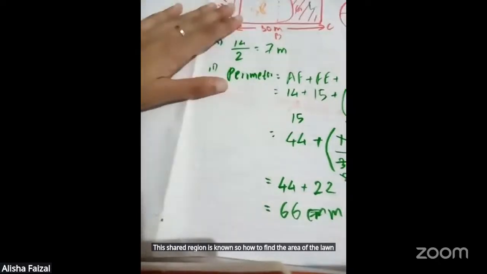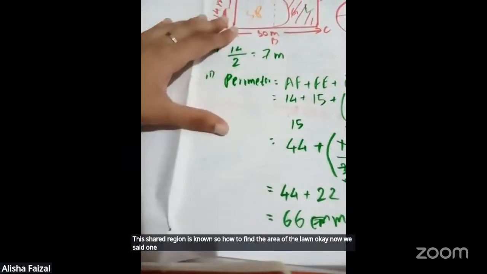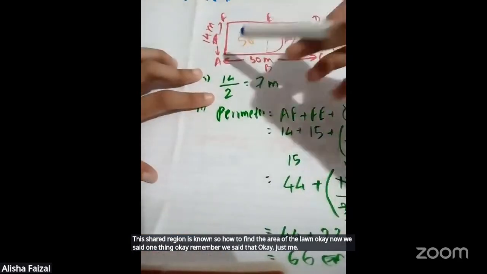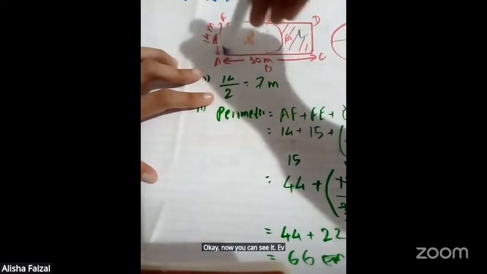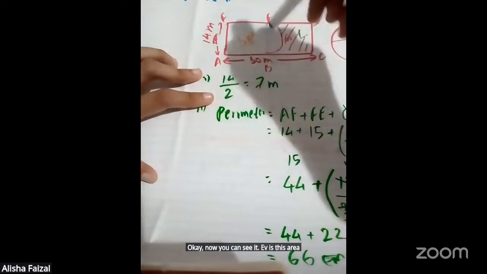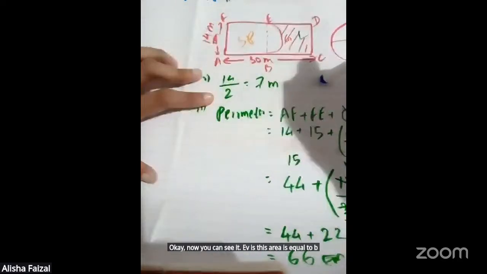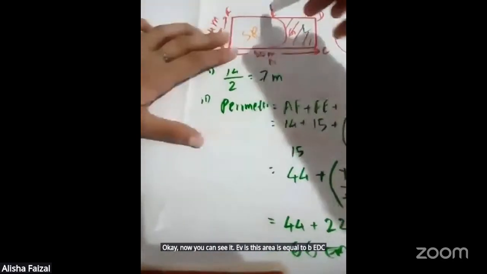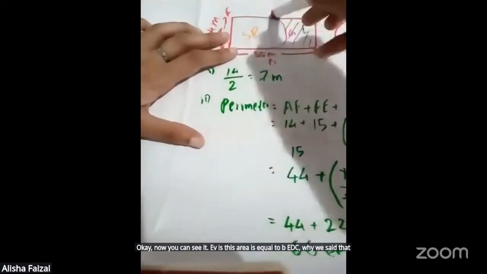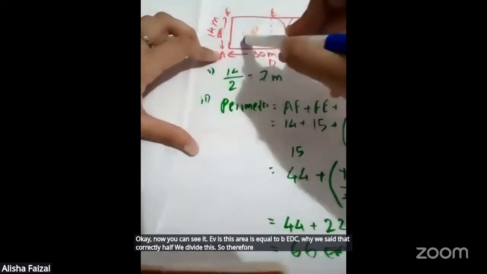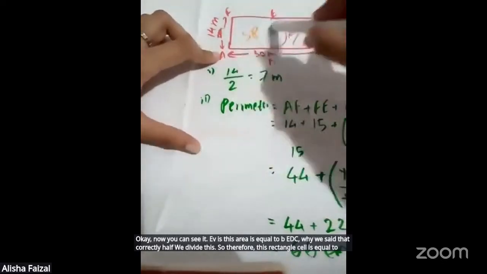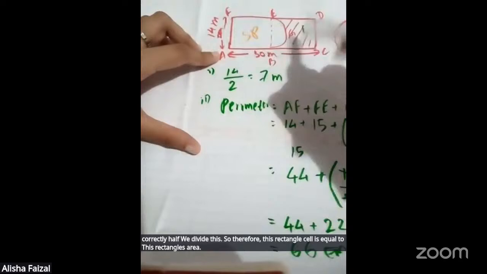Remember we said one thing: the area of AFEB is equal to the area of BEDC. Why? We divided this in half, so this rectangle's area is equal to this rectangle's area. Hope it's clear.